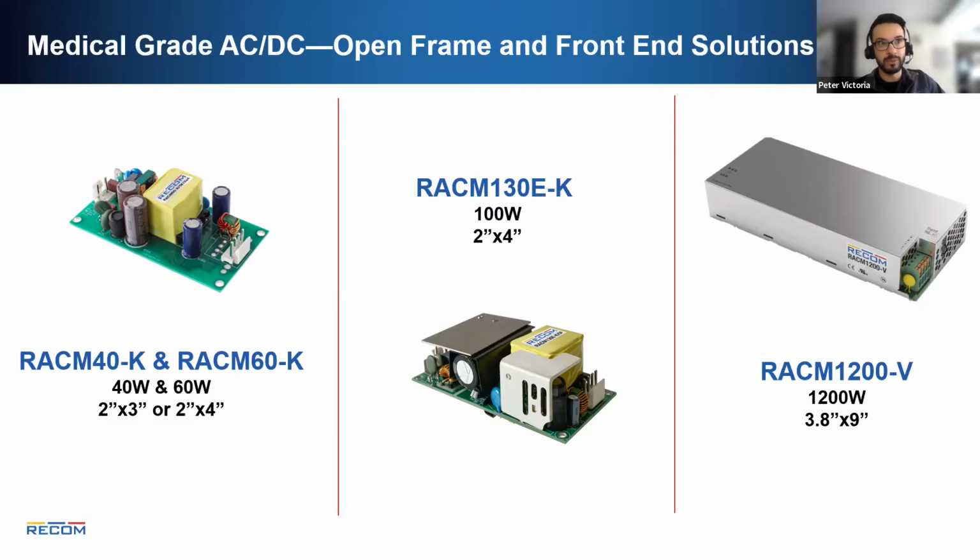It doesn't really impact the performance too much. But this part is the exception. There's a heatsink built in right here that helps move heat from the components into the enclosure, so this one actually has better thermal performance. So that's the 100 watt.